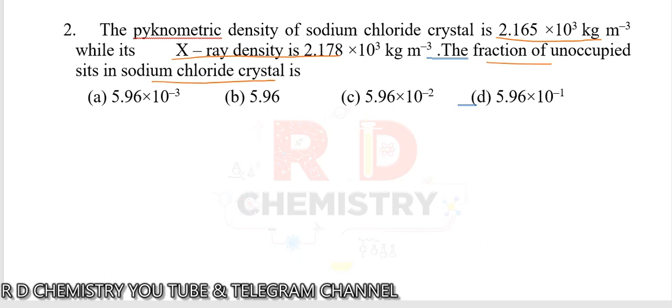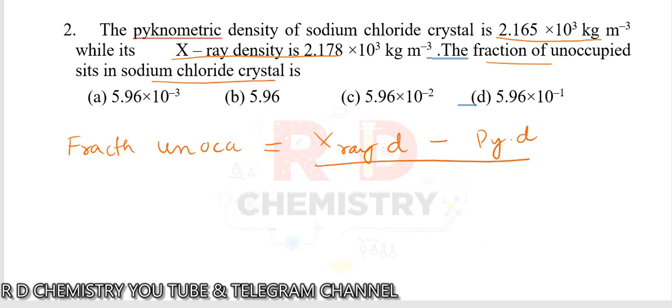Okay, to calculate that one, we have the formula fraction unoccupied is equal to the X-ray density minus pycnometric density divided by the X-ray density. Remember here, X-ray density greater than the pycnometric density.